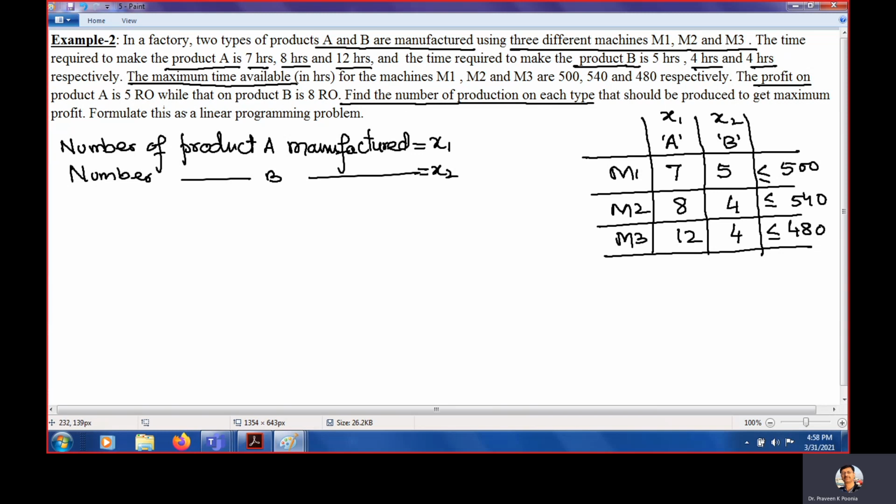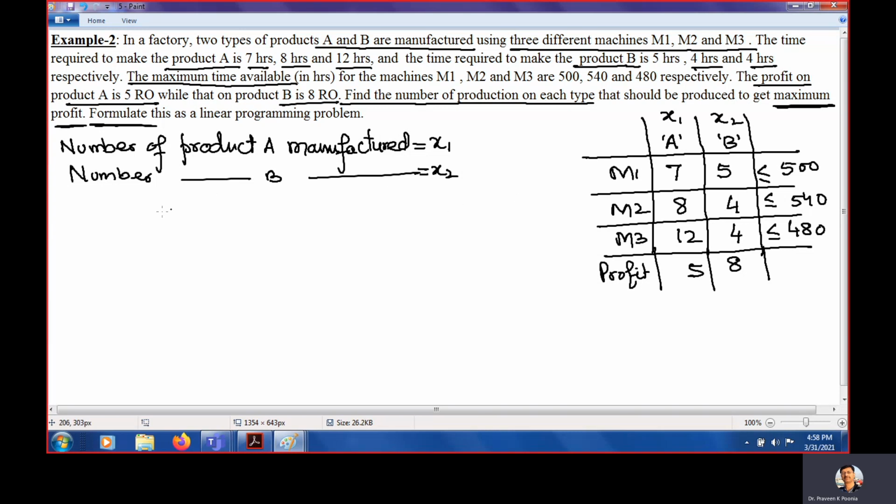The profit on product A is 5 real and 8 real profit on B type of product. Clear? So write a linear programming problem to get the maximum profit. Formulate the linear programming problem.